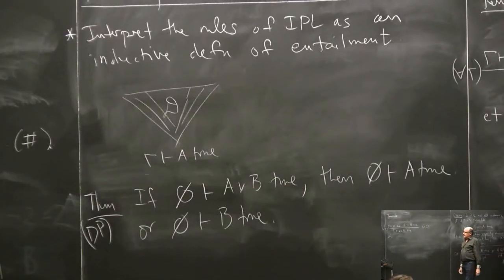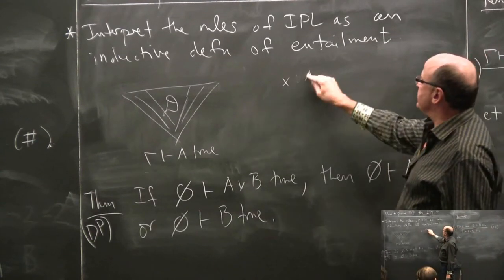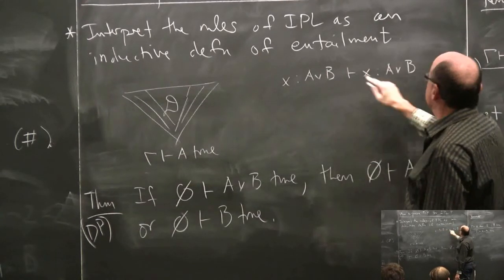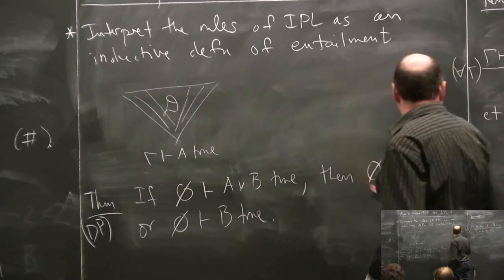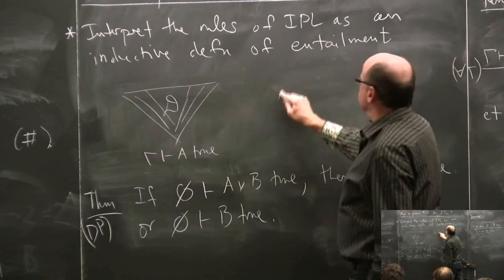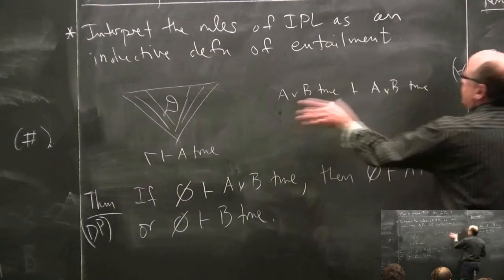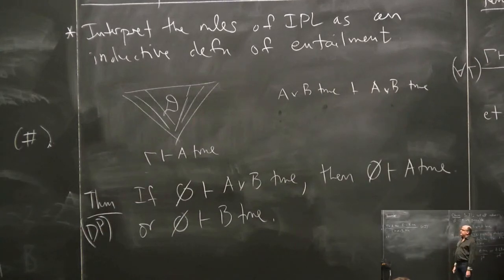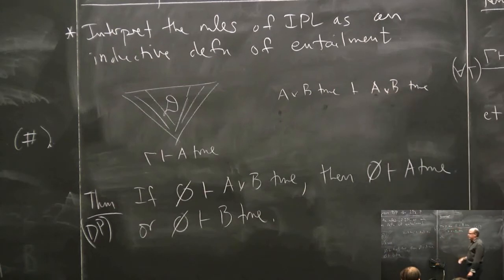Why do I insist on no assumptions? Because if I assume some disjunction and derive it just because I assumed it, then nowhere in that entire derivation on the board are you going to find a derivation of A or a derivation of B, because I just assumed the disjunction.